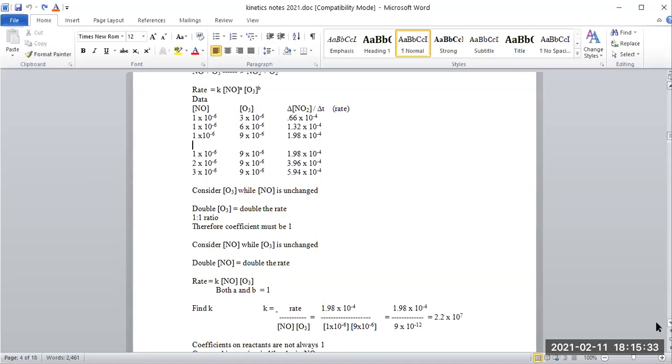Sometimes it does, sometimes it doesn't. So I can state some certain things here.